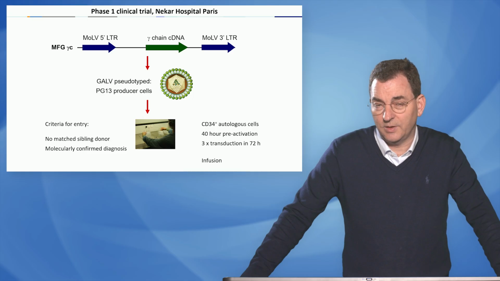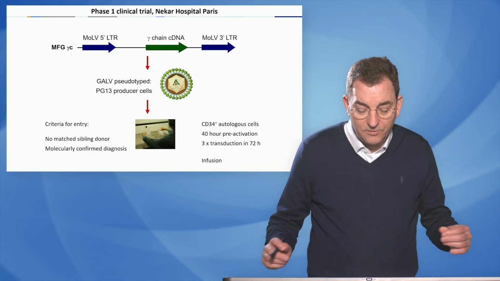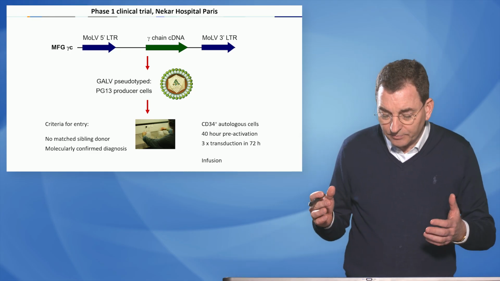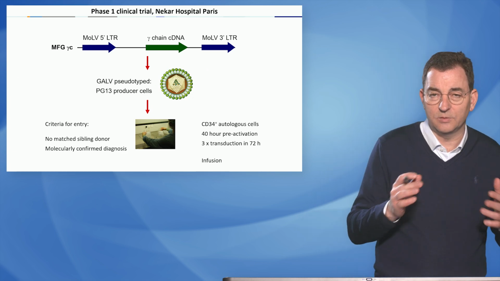Those vector particles which were produced were pseudotyped. Pseudotyping means that you exchange the naturally occurring surface envelope protein for an envelope protein from a different virus.